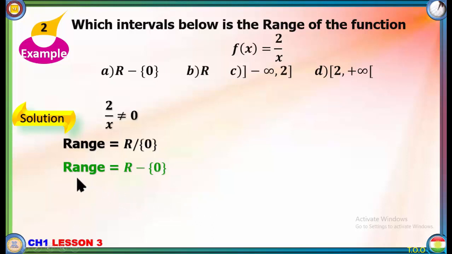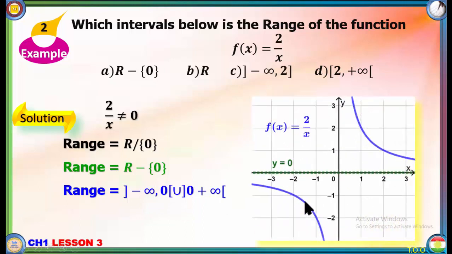And the range is equal R minus 0, or range is equal minus infinity to 0 and 0 to positive infinity. As you can see in the graph, y equal to 0 is a horizontal asymptote.